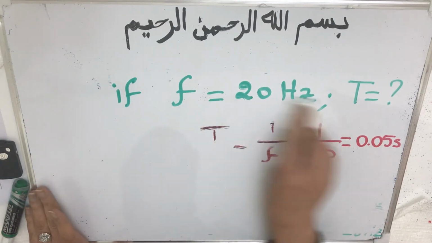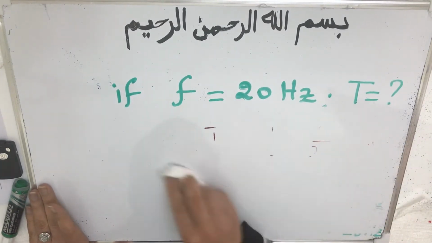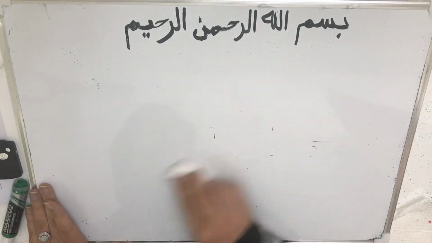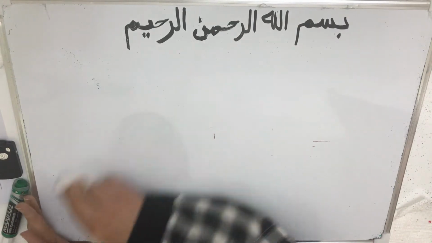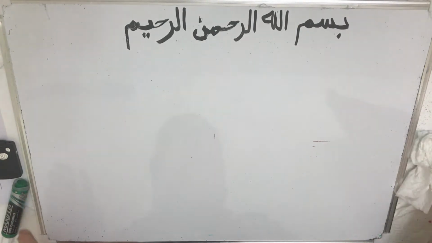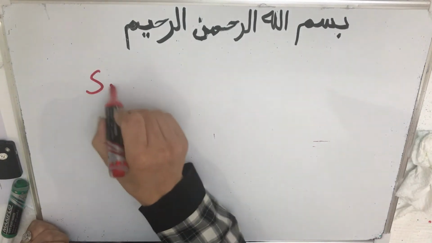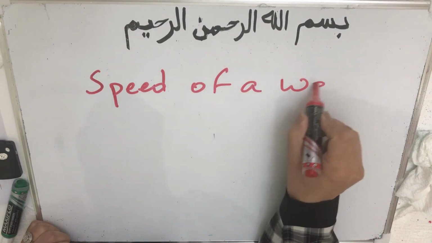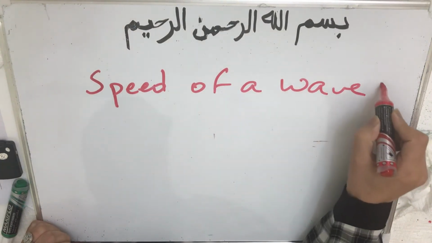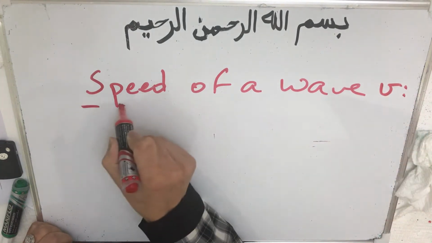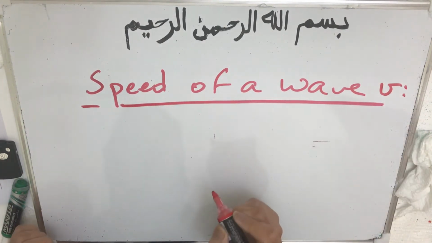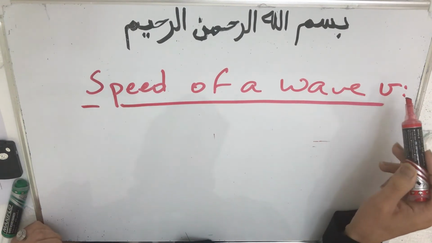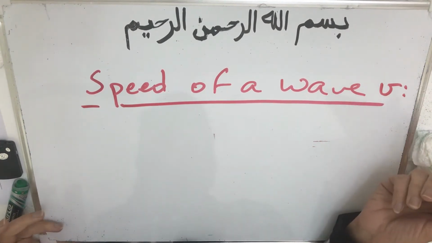And now, since we did these, I'm going to move on to talk about light. Before light, I'm going to talk about the speed of a wave, V. I want you to be able to relate V, lambda, and F, and this is again very easy.